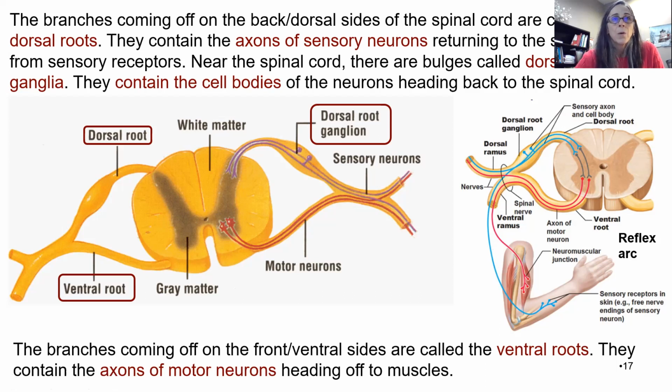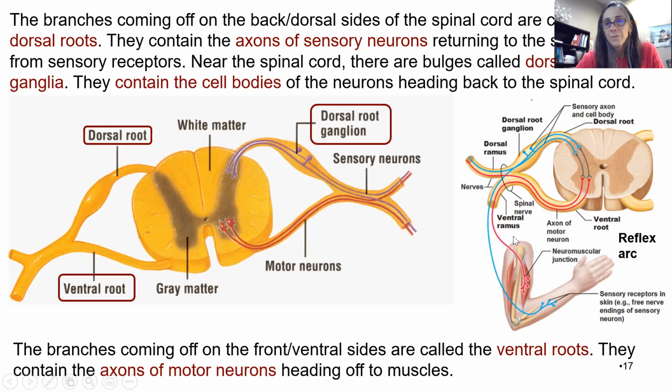Then that information will go to the integration center. Synapses will occur and a decision will be made. Then the decision will be sent through the motor neuron, which is the efferent neuron or nerve, and the motor neuron will conduct the impulses from the integration center to the effector organ.